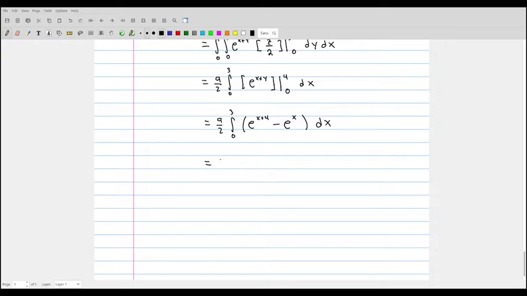And so the last integral is this x integral of this function, which again is going to be itself, because e to the x plus 4 and e to the x both have antiderivatives that are identical to themselves. This is from 0 to 3.